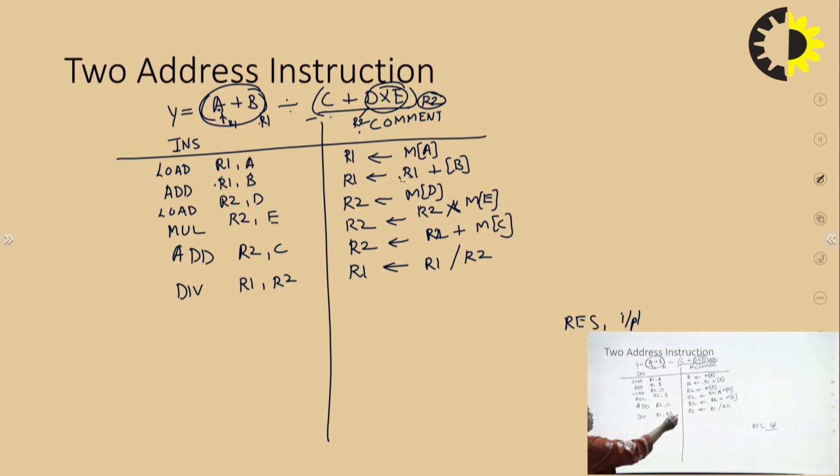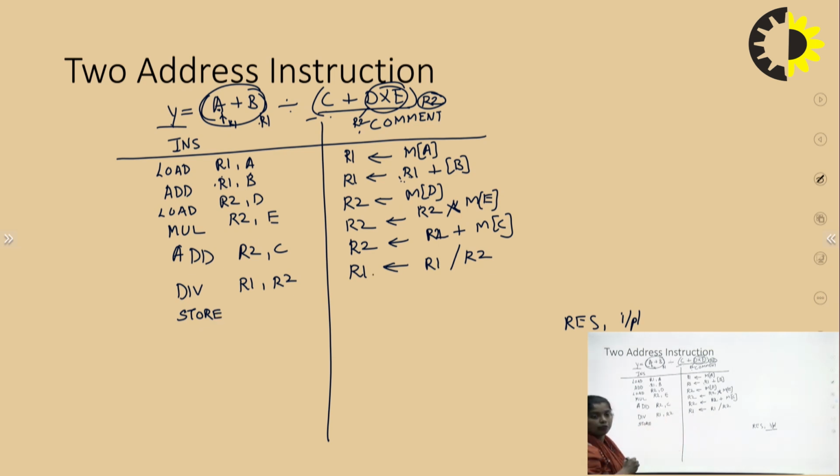Fine. So division, now all this particular resultant will be stored in Y. So here that is Y. This particular Y is called what? M of Y. So A plus B divided by C plus D into E. In the divide operation, that is Y, and the Y is M of Y. M of Y means you are going to store what?